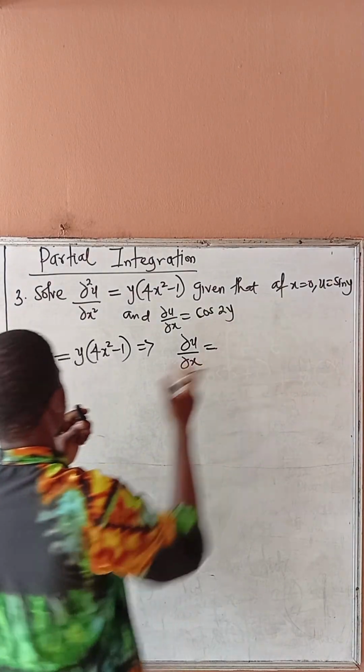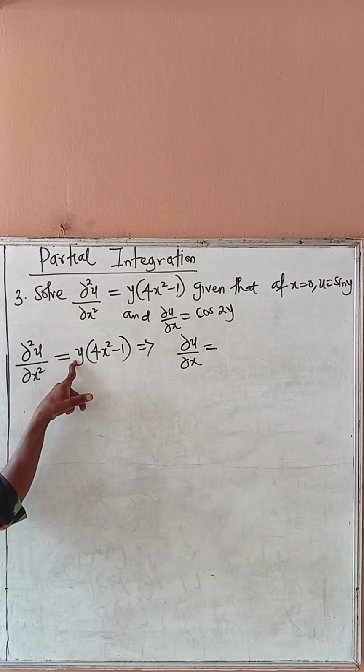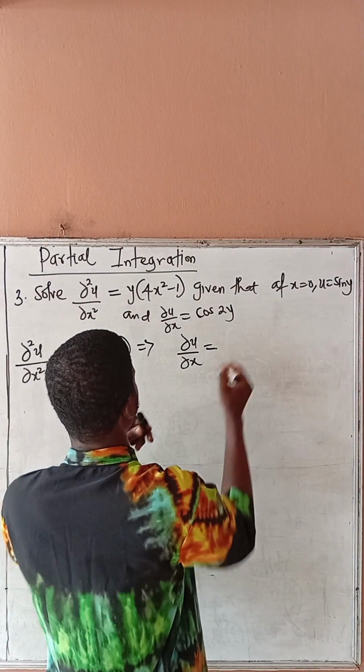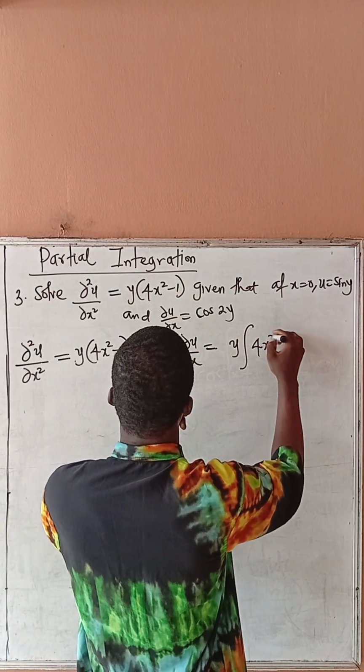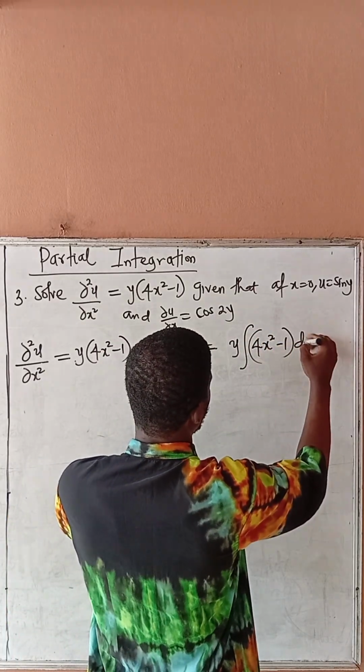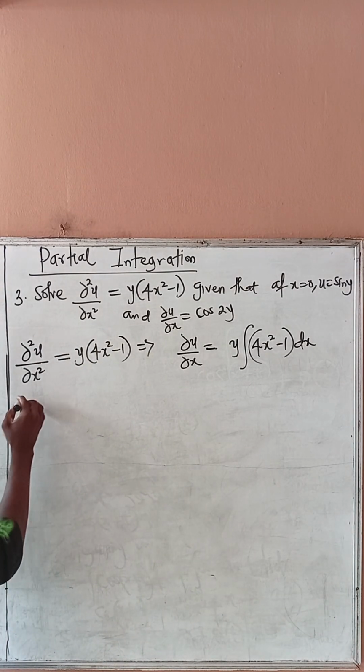But now see, since I'm integrating with respect to x, it means that y will be considered a constant. So I'm having y outside into the integral of 4x squared minus 1 dx. Alright, let's integrate 4x squared minus 1 with respect to x.